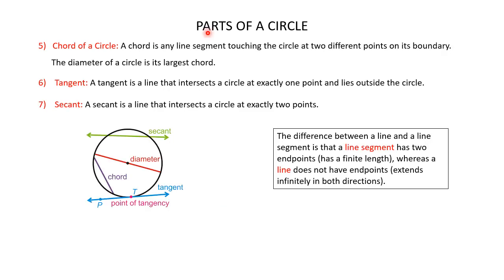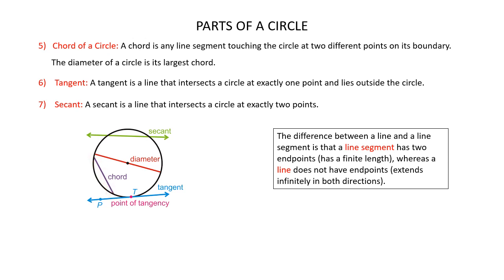Let's now learn about some more parts of a circle. Chord of a circle. A chord is any line segment touching the circle at two different points on its boundary. The diameter of a circle is its largest chord. So look at this diagram. Now this line segment is the chord.